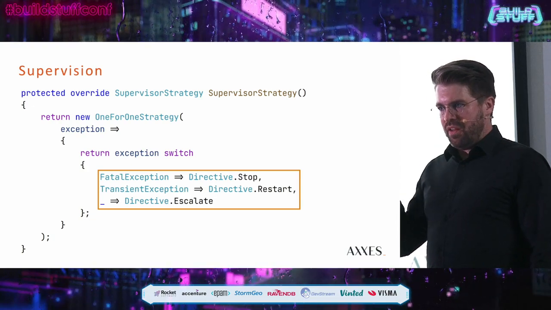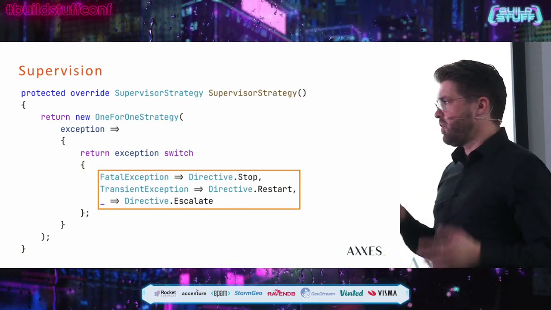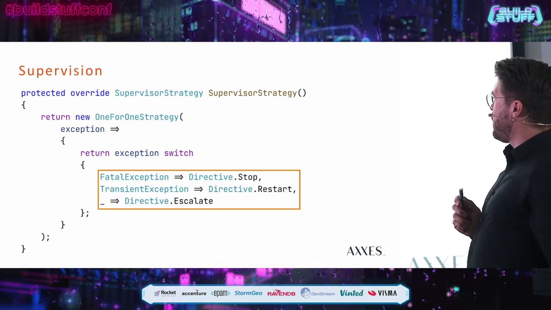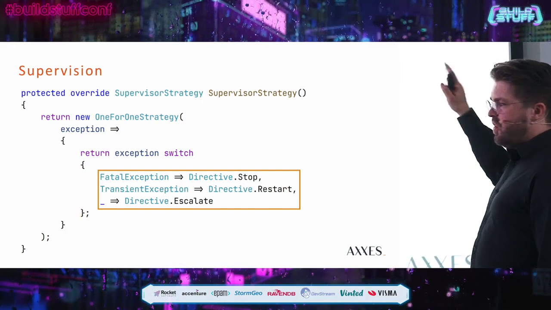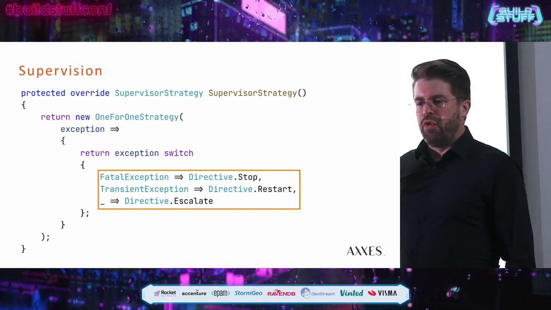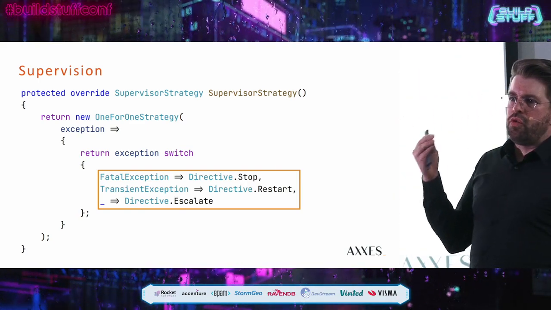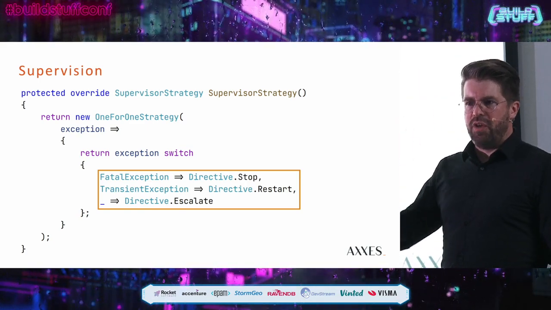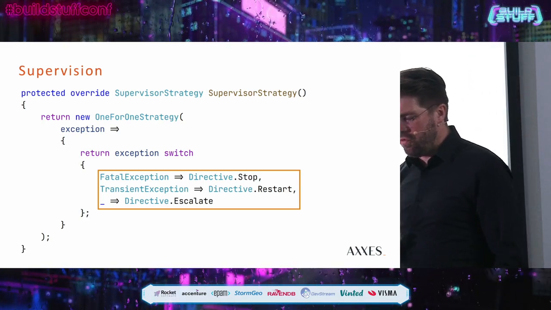We get the exception from the failing child, and we can inspect what the context on that is, and decide what we want to do and return the right directive. And in this place, you can also keep track, for instance, if you want to implement exponential backoff, or if you want to do like 5 retries but then fail disastrously. These are things that you can do in supervisor strategies.